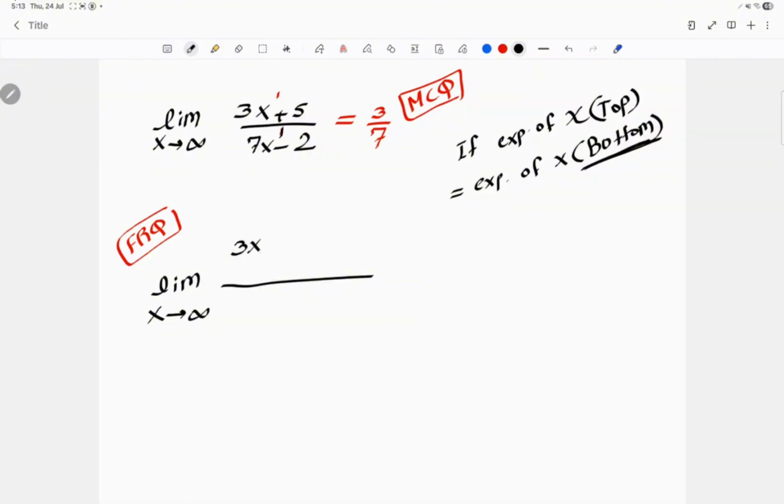So you're going to have 3x over x, plus 5 over x, over 7x over x, minus 2 over x. And now, what's 3x over x going to give you?